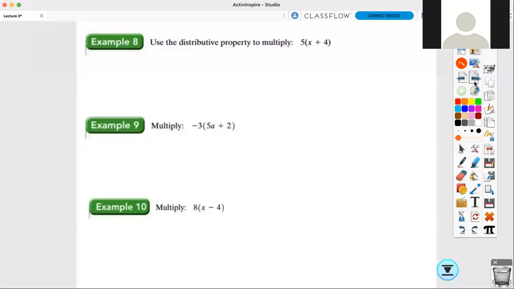Example 8. I'm going to give you guys 1 minute to set up example 8, and then I'll get started. Now we're going to apply the distributive property finally. I'm going to give you a minute to set up the example.